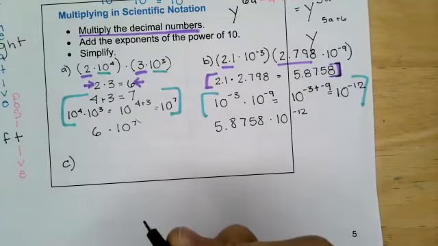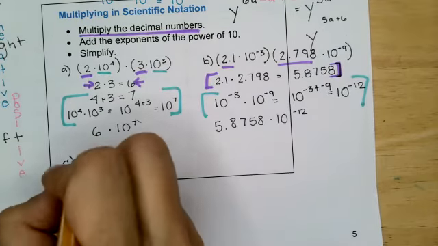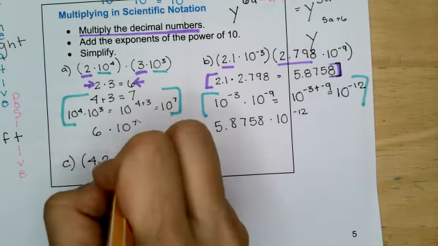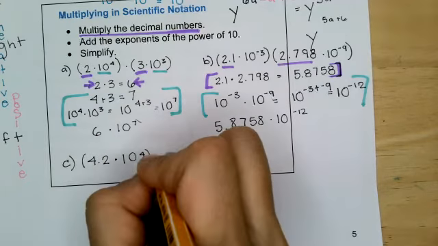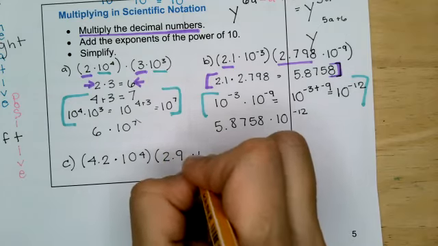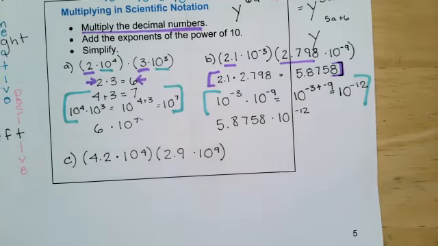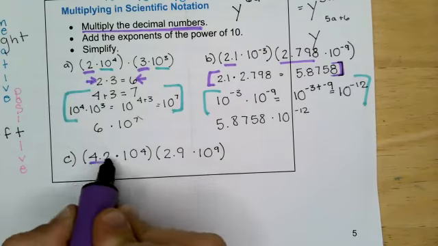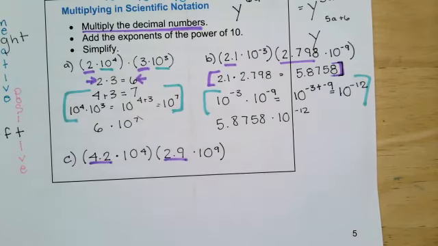One more. We'll do 4.2 times 10 to the fourth times 2.9 times 10 to the ninth. So we are going to multiply 4.2 times 2.9.